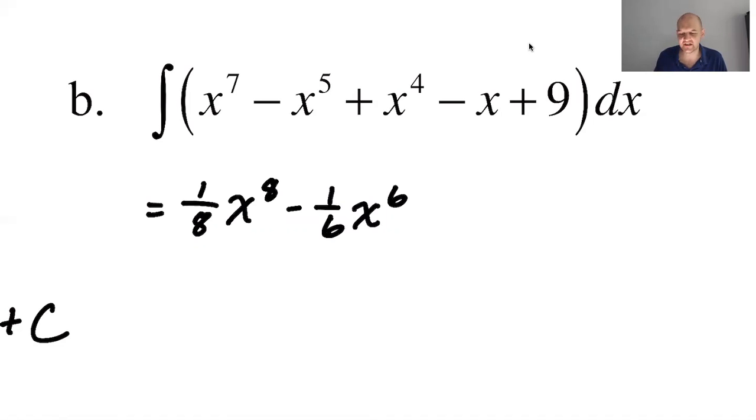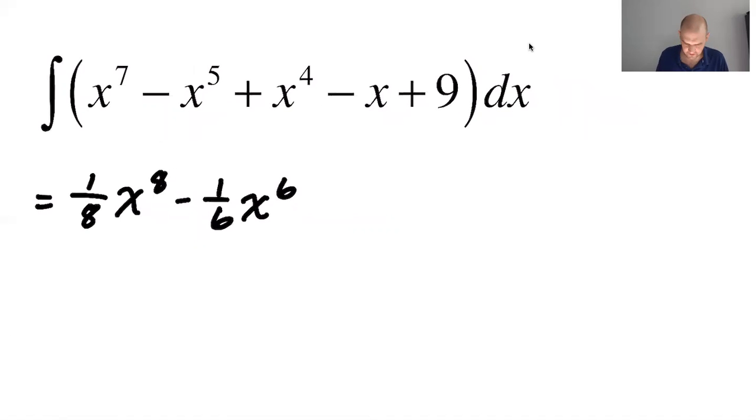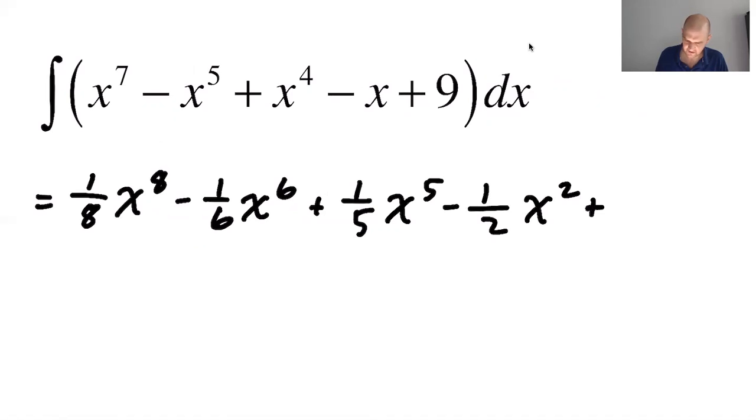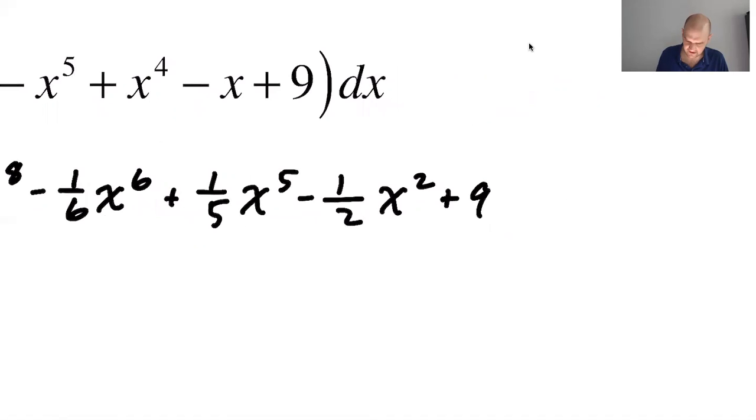You can always check your antiderivatives by immediately taking the derivative. And I kind of recommend that you do that. So this will be 1/5 x to the 5th. And then here, the current exponent is 1, add 1, that's 2. The reciprocal is 1/2, and then x to the 2nd. 9 is the derivative of 9x, and then we say plus c.